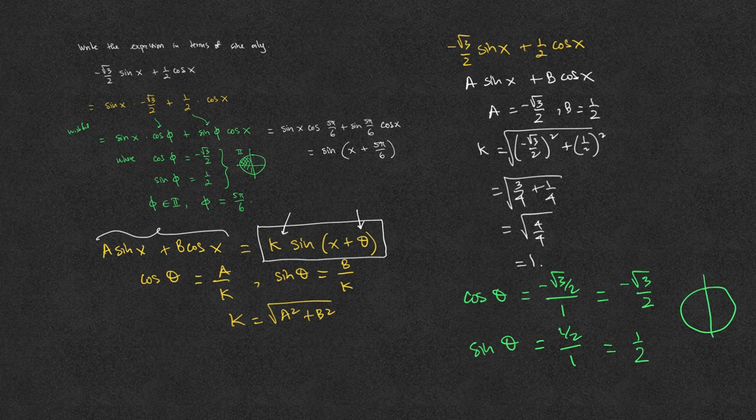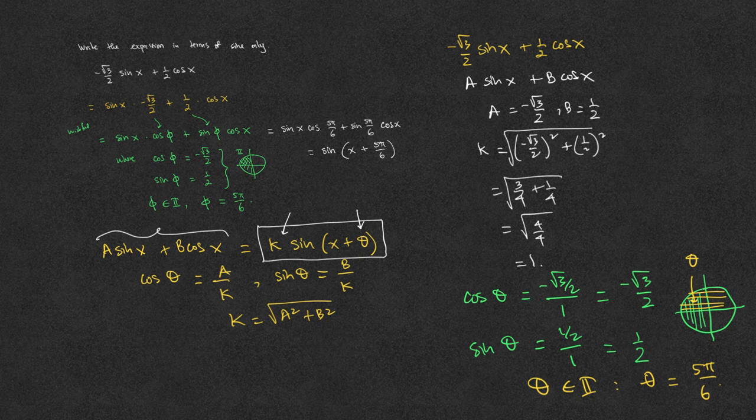Regardless, we still need to find out what this angle is. Cosine is negative, so we are in the second and the third quadrant. Sine is positive, so we're in the first and the second quadrant. So this angle theta has to be in the second quadrant. And we see that the only theta that satisfies this condition for an angle between 0 and 2 pi is 5 pi over 6.